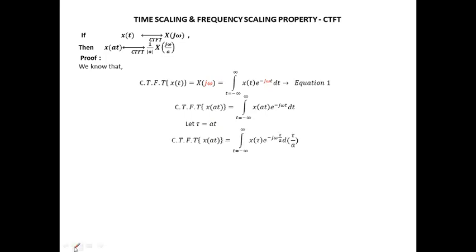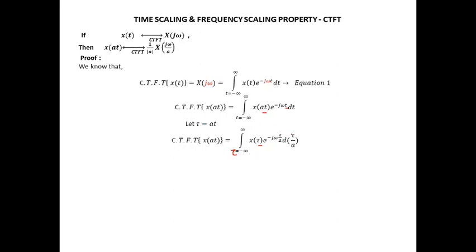When you replace the variable of integration, the variable of integration will become tau, and instead of at you will have tau here, and instead of t, automatically t will be tau by a. So d of tau by a. We know that t is a variable and a is a constant, so tau also will be a variable.